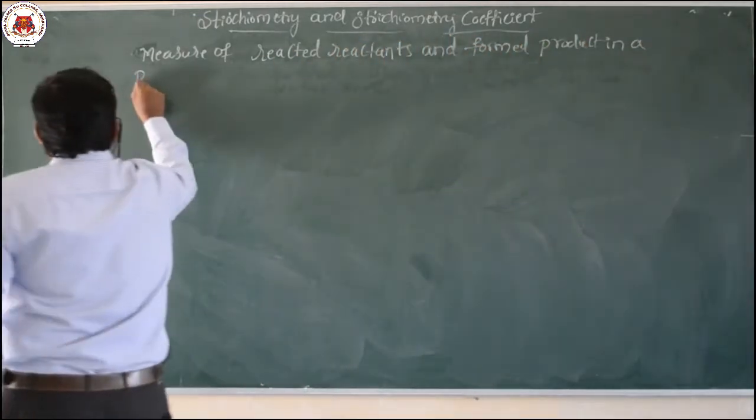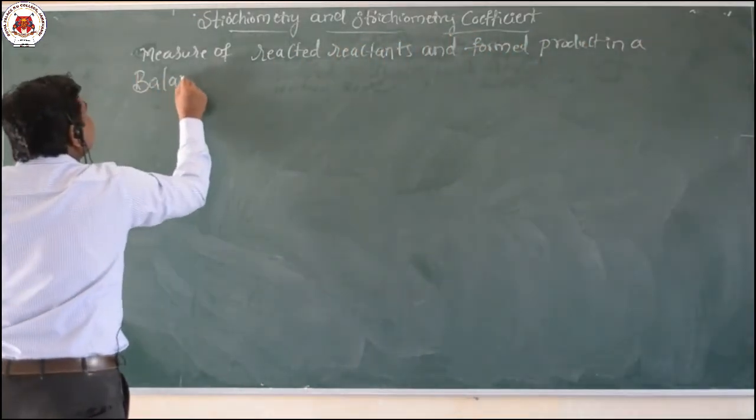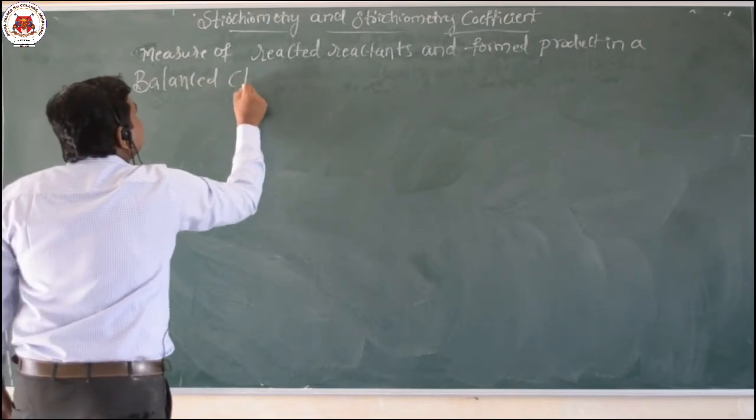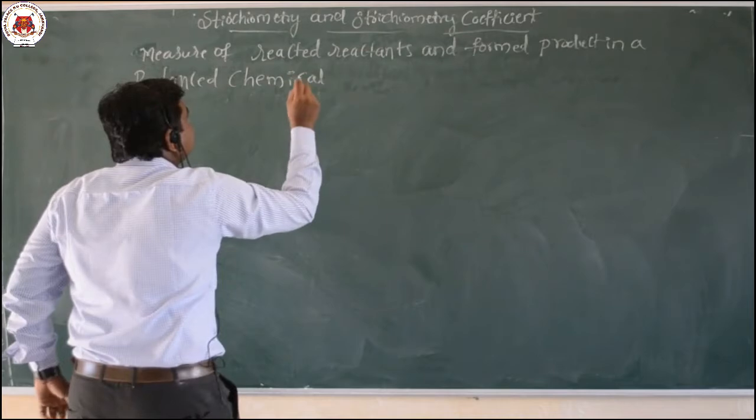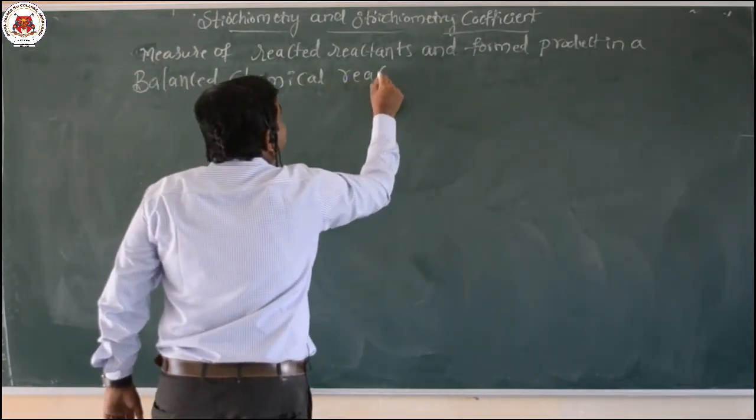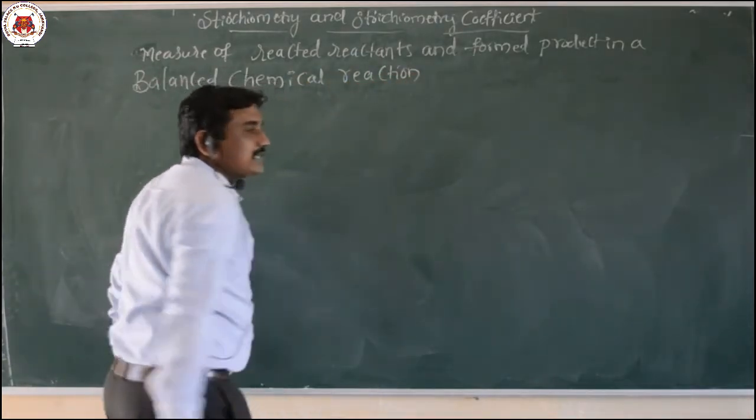So in a balanced chemical reaction, this is called the stoichiometric coefficient. Let me take one example here.